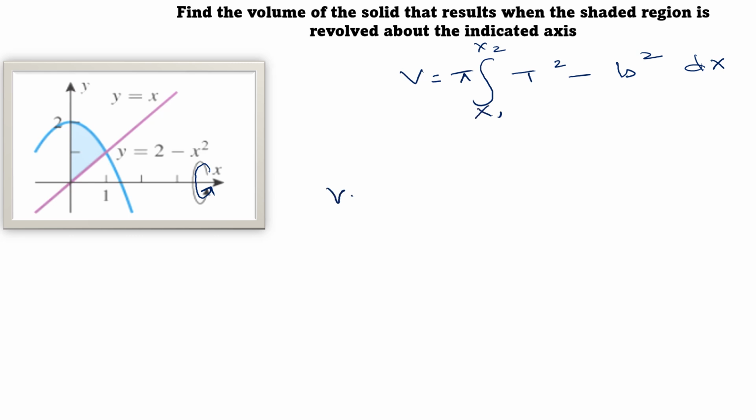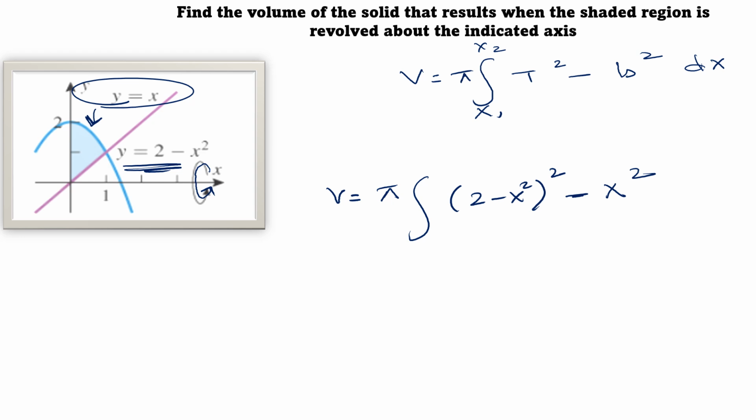Now to understand this equation, what is written on the top? The blue line. So blue is a curve and you can see the equation of the curve is 2 minus x squared. So we will write 2 minus x squared, whole squared, minus the bottom curve, which is the red line that indicates x squared. So the equation of the bottom is here.